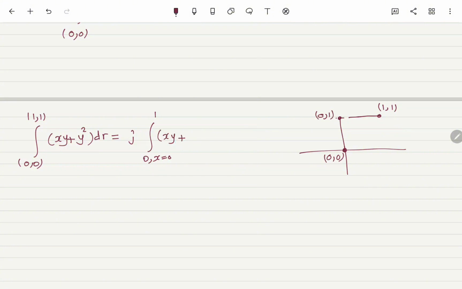xy plus y squared dy, plus i, now along the x-axis, x is changing from 0 to 1, but y is constant, which is equal to 1.